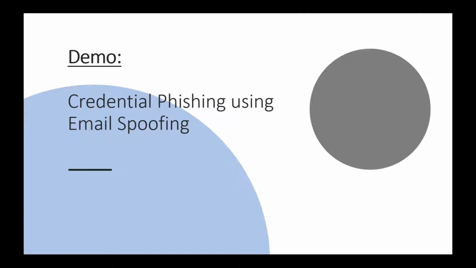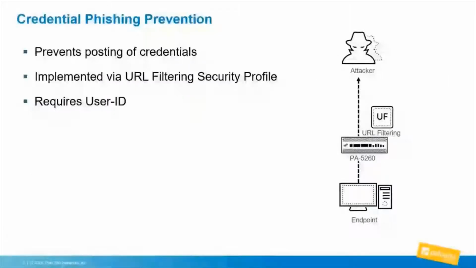Now we will see a quick demo of how the credentials of a user are stolen using email spoofing. Okay, so let me quickly describe the scenario here. There is an attacker, there is a firewall, and there is a user. The user can post his credentials and the attacker can easily acquire those if the firewall does not filter anything.